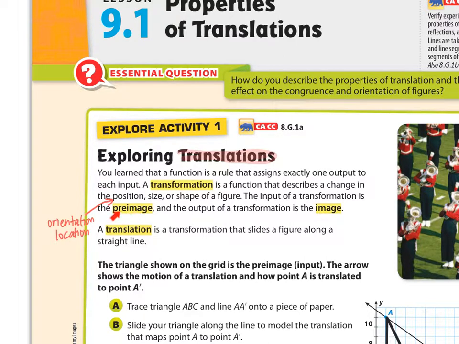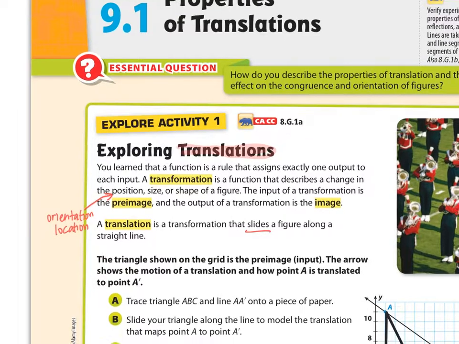Think about the word pre that we put at the beginning of a word. And then what we end up with is the image. So once we have the pre-image, we do a transformation, and then we end up with the image. In a lot of these problems, you're going to have a starting figure and then an ending figure. Our first transformation we're going to look at is called translation, which another word for translation is slide. So we're going to slide a figure along a straight line.